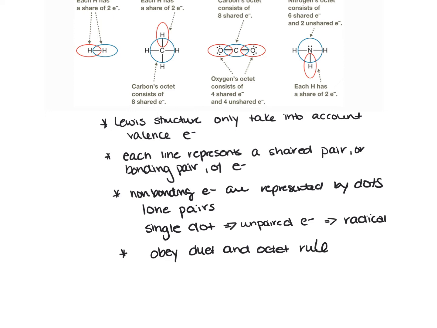Those shared electrons of a covalent bond count as the valence electrons of each atom involved in the bond. Atoms tend to form covalent bonds to achieve this full valence: 2 electrons for hydrogen, 8 electrons for atoms in the second row. So hydrogen is going to follow this duet rule, and the ones in the second row are going to follow this octet rule.